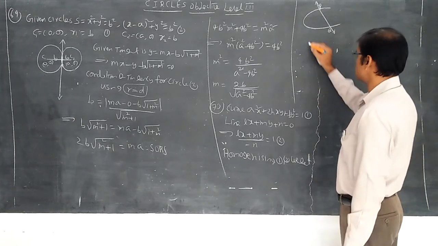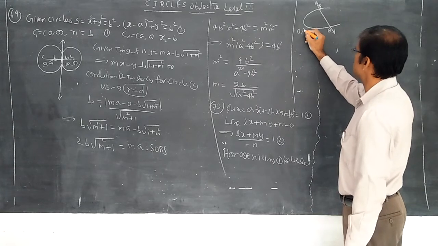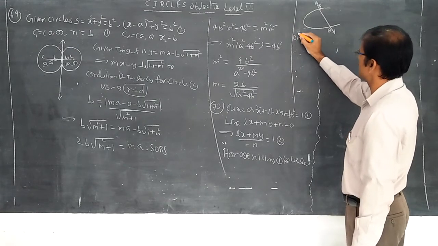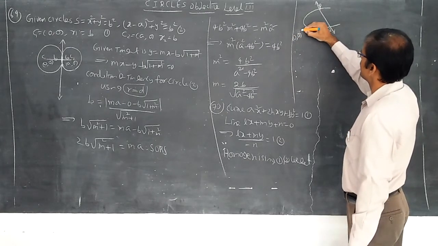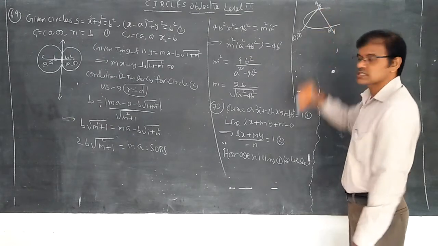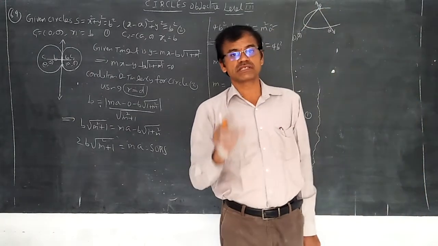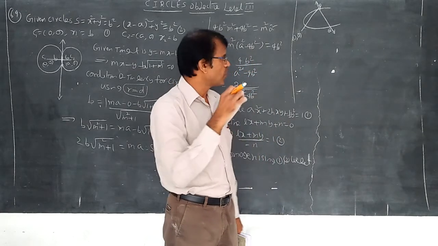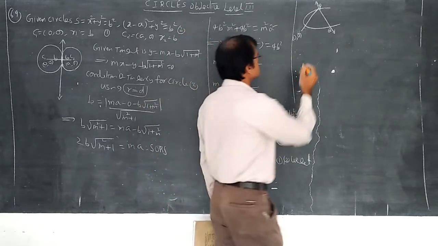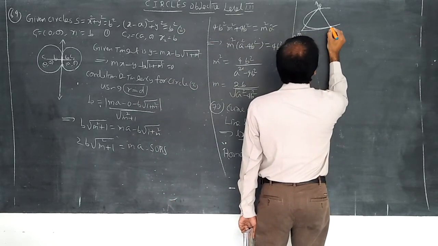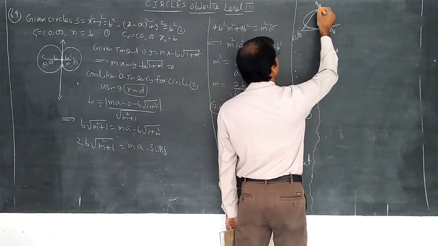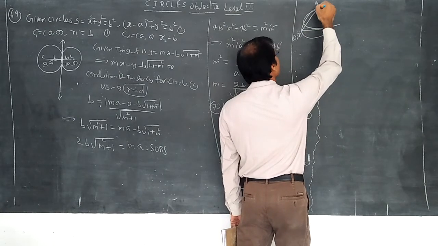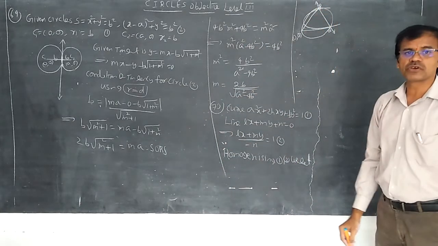Here is the origin, and of course the curve is not passing through it; it may be outside or inside, we don't know. The points of intersection of the line and curve are joined to the origin. Whenever a question arises like this, we should use the homogenization property. Now, this circle has PQ as diameter.